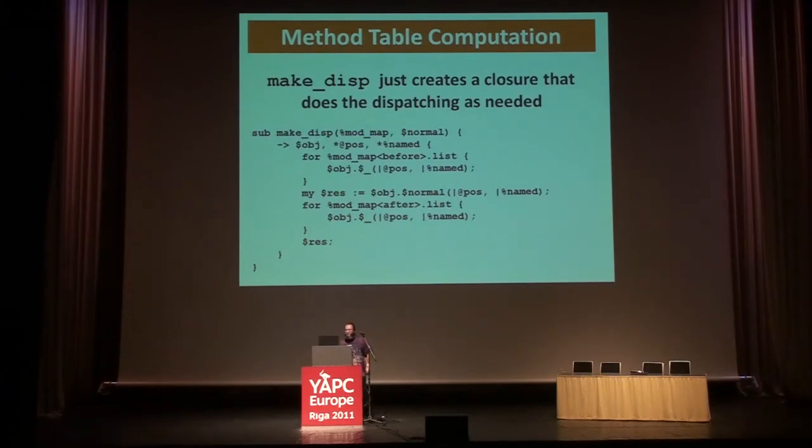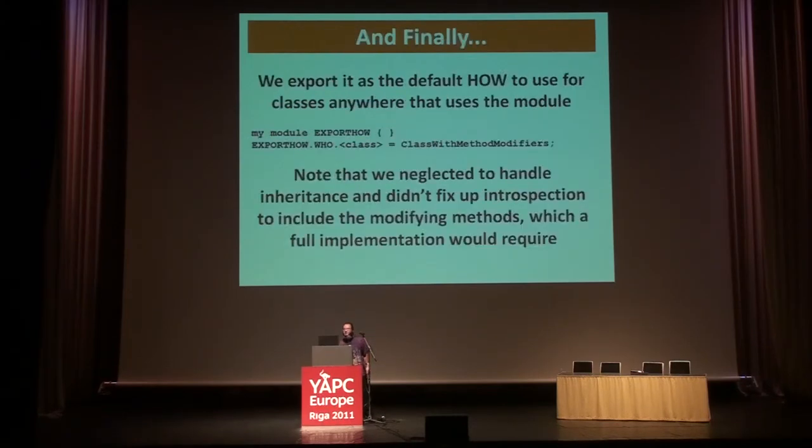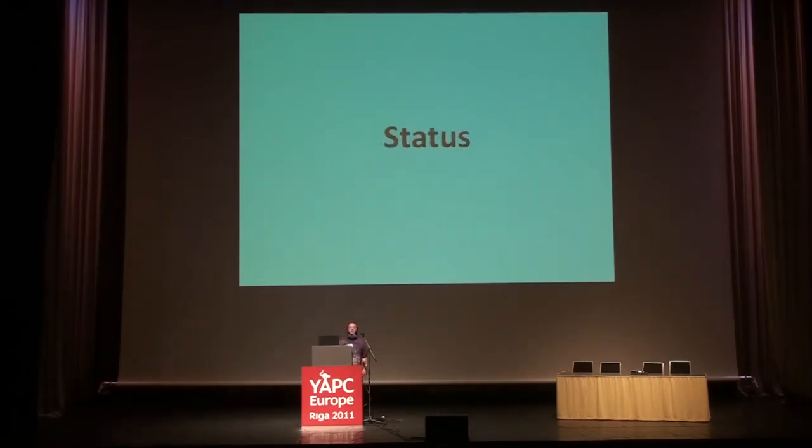And actually, that's almost all. The only thing we need to do now is just tell whatever uses this module, please use my definition of class instead of using your own built-in one. And it does that by lexical scope. So here we just say, oh, for the class keyword, use this. And that's all we need to do. We now have it working, and I actually can run it.